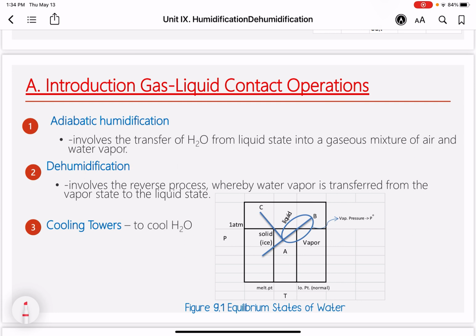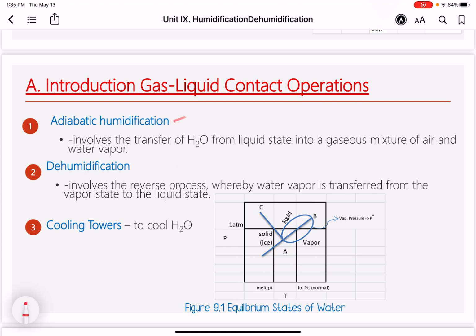In adiabatic humidification, the moisture is added to the air by passing it over a stream or spray of water, which is at a temperature lower than the dry bulb temperature of the air.